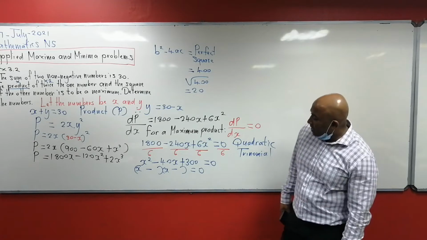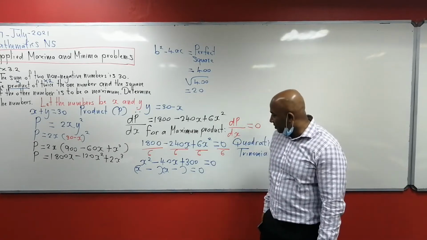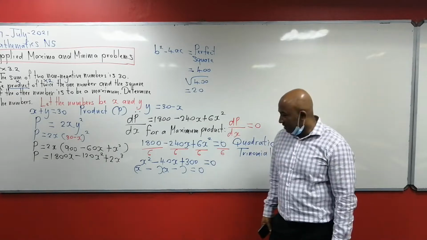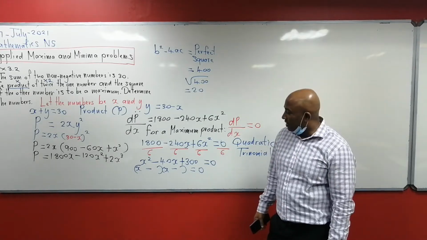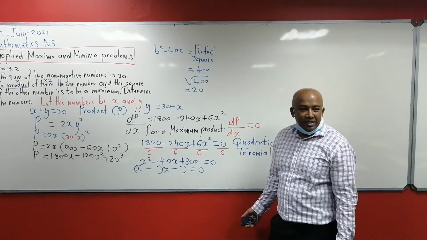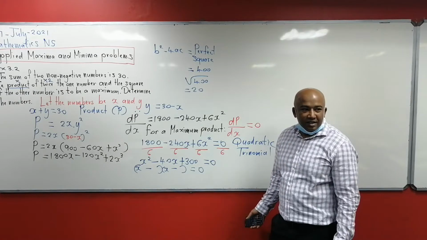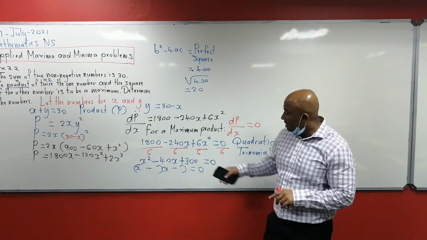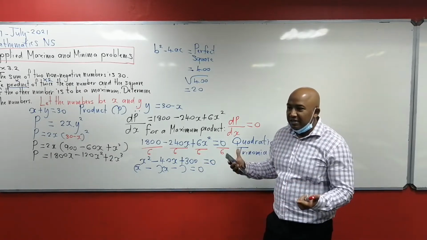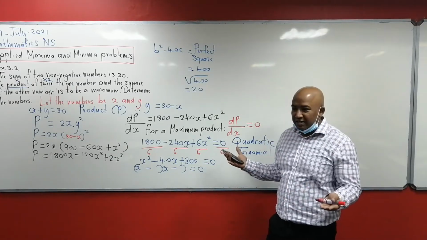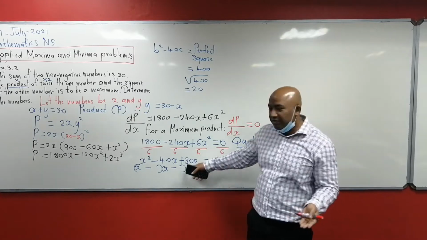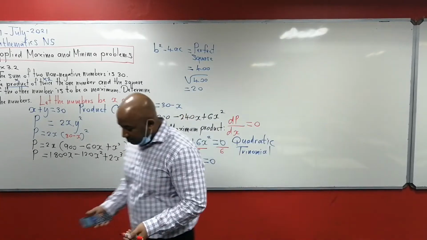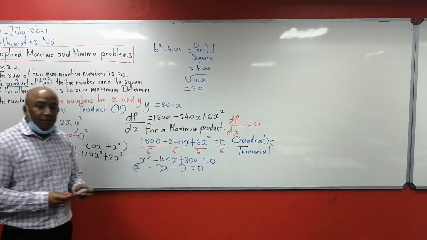Right, so now what you have to do is, what are the factors of 300? Factors of 300, 30 and 10. 30 times 10 is 300. 30 plus 10 is 40. Those are the factors. I'm just taking a guess. Okay, the easiest thing to think of is 30 times 10, and it does work. But don't stress.